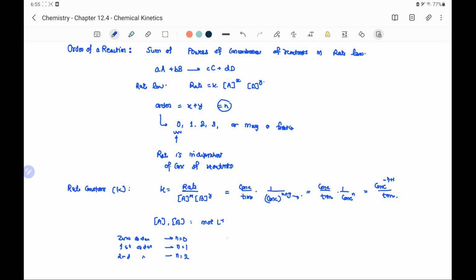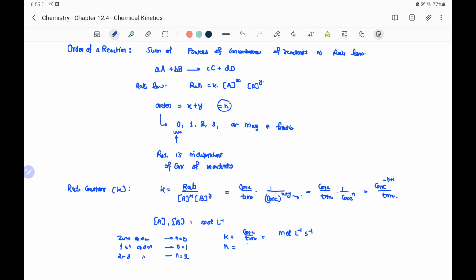If we put the value of n as 0, then k will have the unit of concentration by time. Therefore, it will be mole per liter per second. Similarly, if we take first order reaction, substituting the value of n equal to 1, then concentration becomes minus 1 plus 1, that is 0.